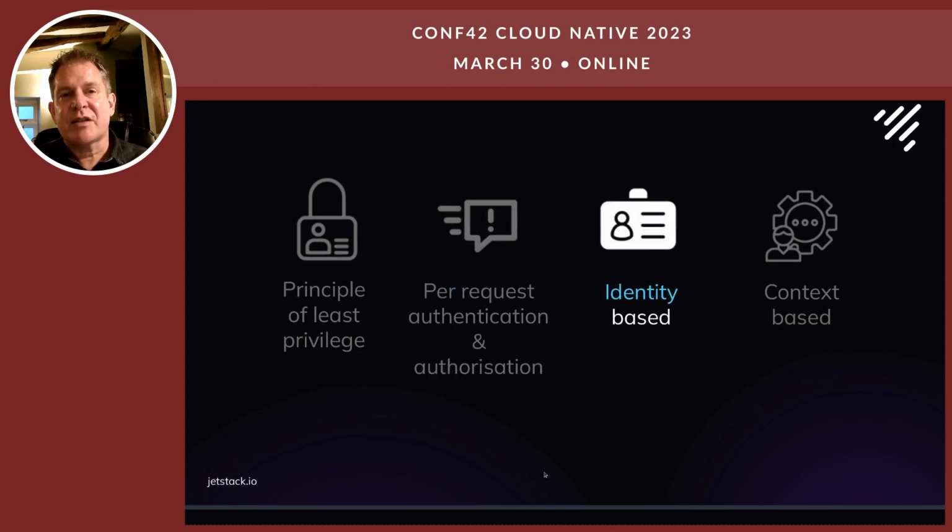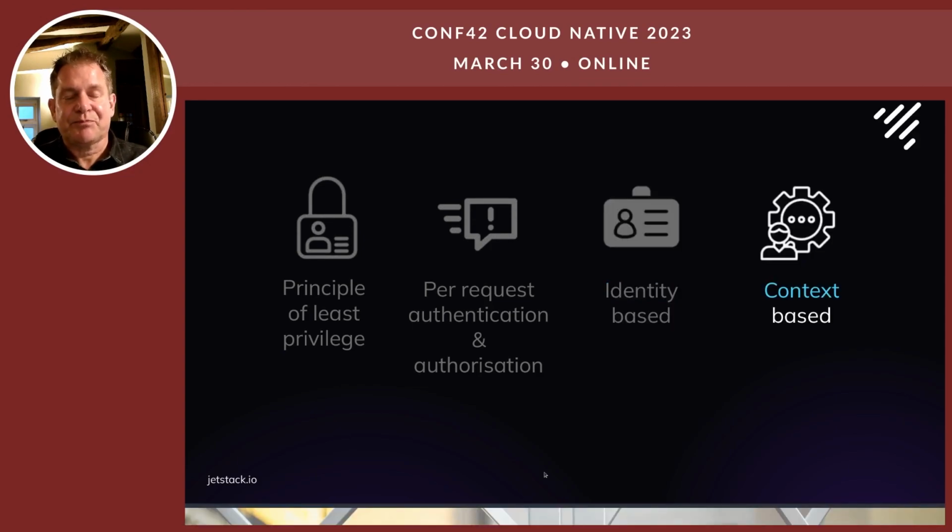As you can tell, identity is quite a key component of zero trust. This isn't talking about just users' identity, it's also talking about identities for machines. Machines being servers, virtual machines, IoT devices, and so on. And typically we do this with X509 certificates.